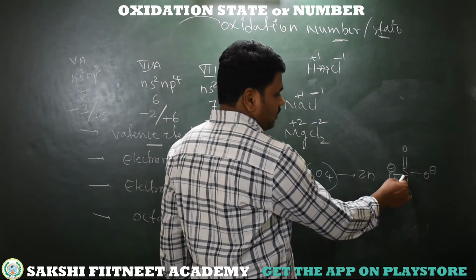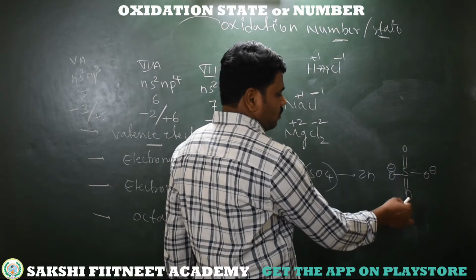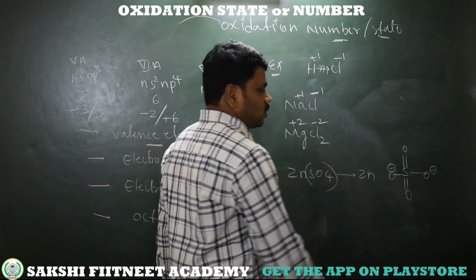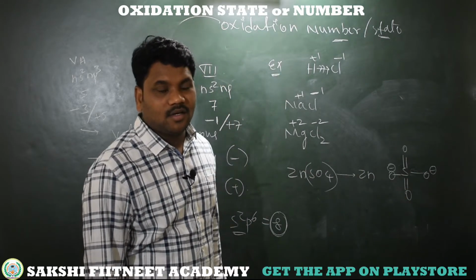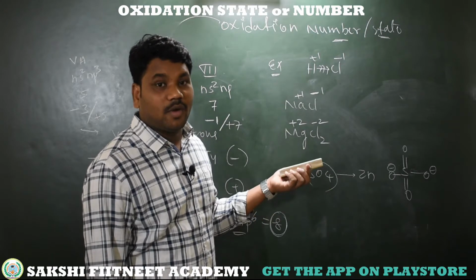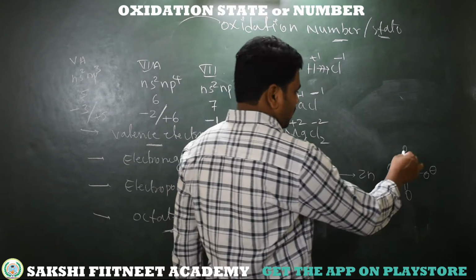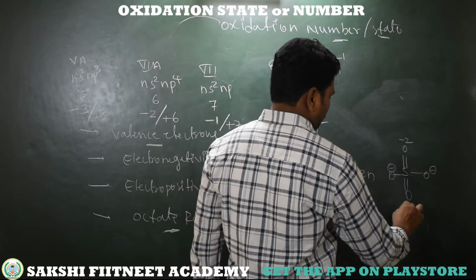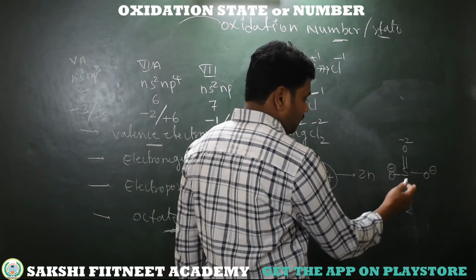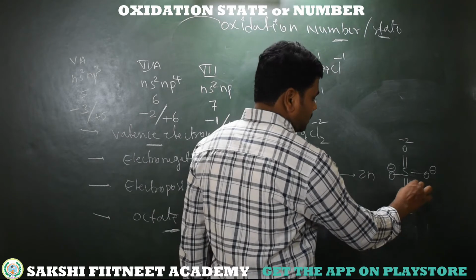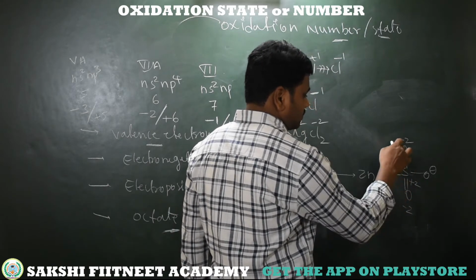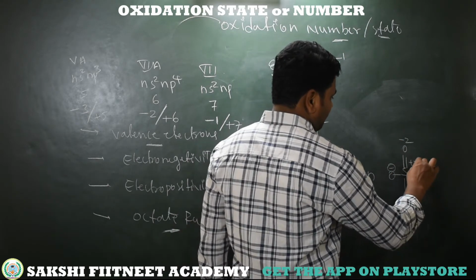See here, sulfur bonded to oxygen, oxygen is a 6th group element, 6 valence electrons, gives -2 oxidation state, so each oxygen gives -2. Sulfur with respect to this oxygen becomes +2.